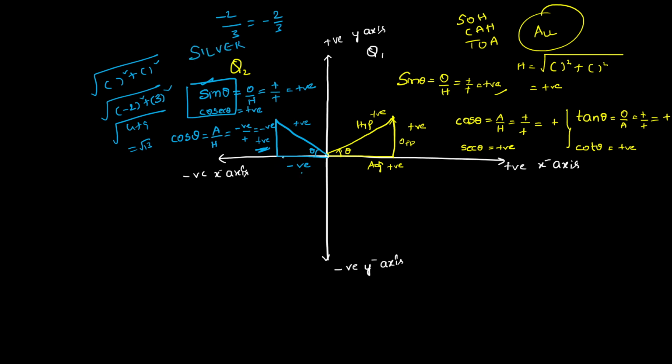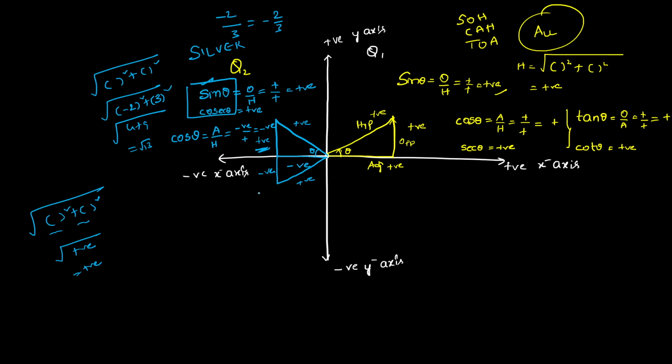Similarly, if you do the same kind of explanation for the third quadrant, you'll get the answer. Here adjacent is negative and opposite is also negative. Why? Because we are going vertically downwards, which means the negative y-axis, so both x and y are negative, and by default hypotenuse is always positive, because it is the root of opposite square plus adjacent square. When we square these two, it will definitely become positive.